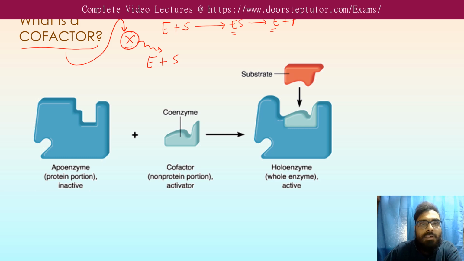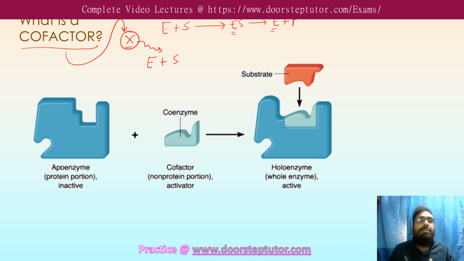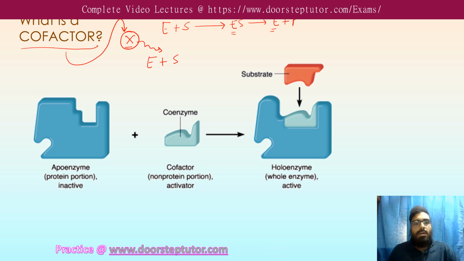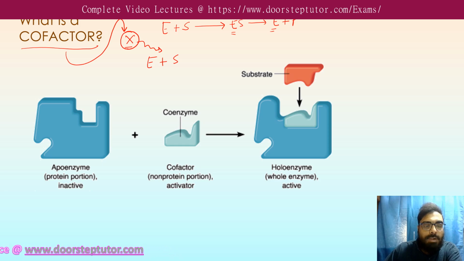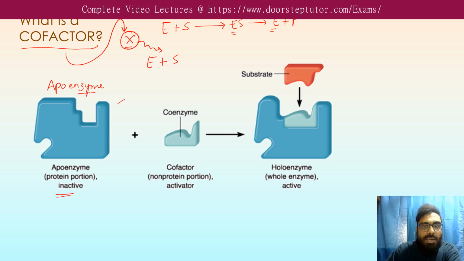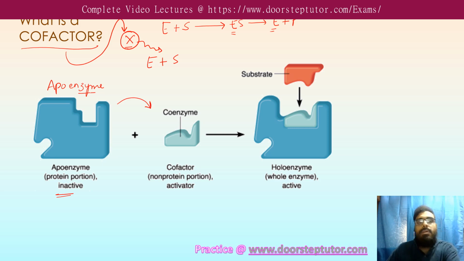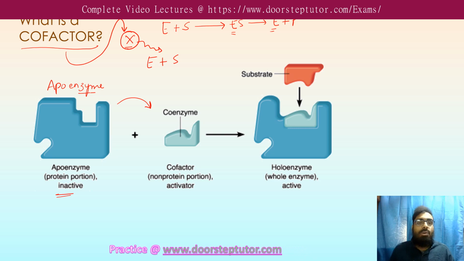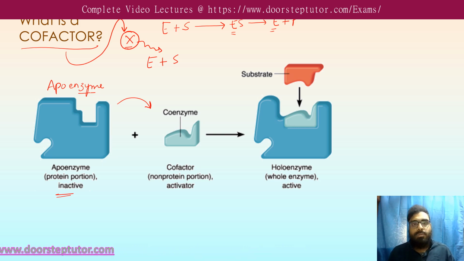Cofactors are those which help enzymes in catalyzing reactions. If there is an apoenzyme, that is a protein portion that is inactive, the enzyme that cannot function properly is known as apoenzyme. And when you add a coenzyme, that is a part of cofactor. We'll see that cofactors have different parts like coenzymes and prosthetic groups.